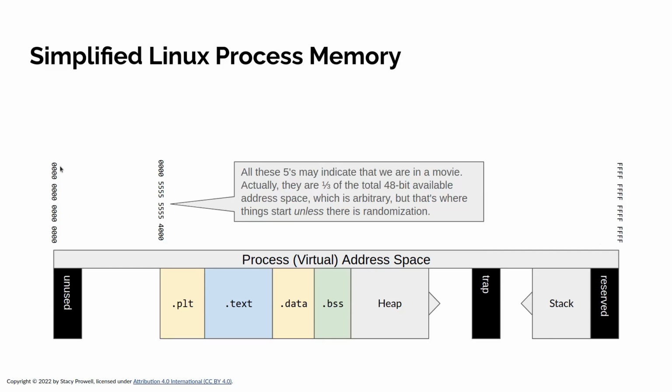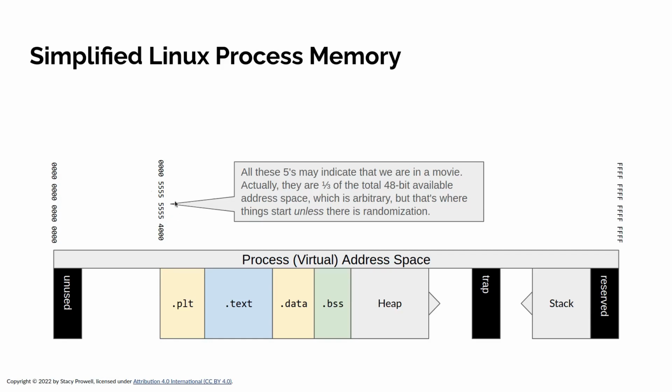And I've given you a 64-bit address space here. But notice that most of the time, unless address space layout randomization is enabled, the operating system is going to start your program here, right?